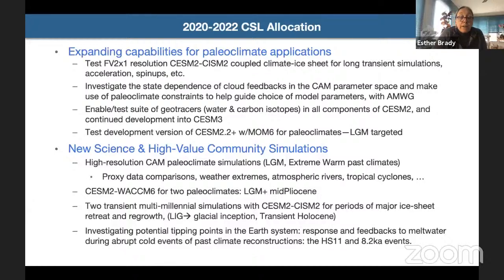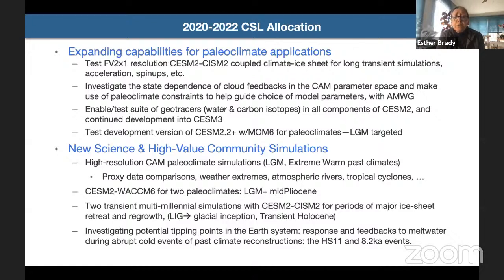Then there's a large amount of computer time for investigating the state dependence of cloud feedbacks in the CAM parameter space. And this is a study that will be led by Jean Zhu in collaboration with members of the Atmospheric Model Working Group. We're hoping that by using paleo constraints from paleo data, we'll be able to help guide choice of model parameters going forward.